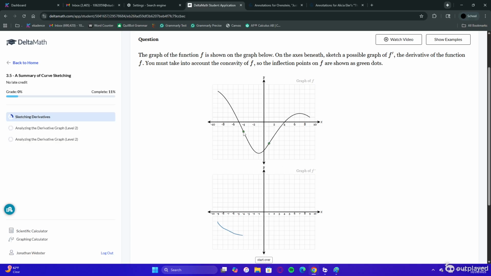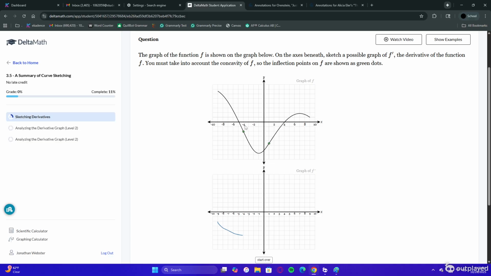Now at -4, that's an inflection point, so it changes from concave down to concave up. So because f is concave up, you're going to know that f prime is increasing. And from -4 to -1, the graph of f is also decreasing.